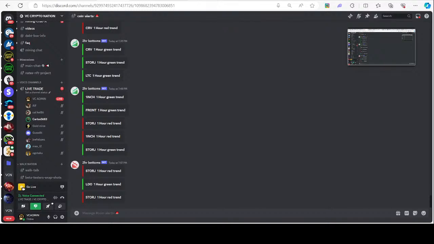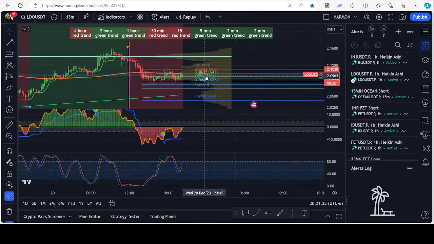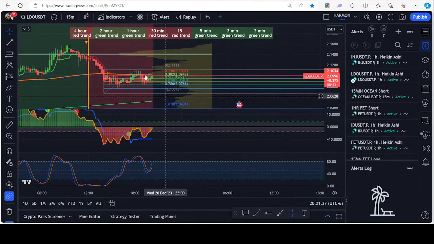Well, not too hard. It was a little bit tricky because I was trying to transfer the INJ from XP, but it's not the same. It wasn't Injective. So I had to do it through KuCoin. Through KuCoin. Oh shit.